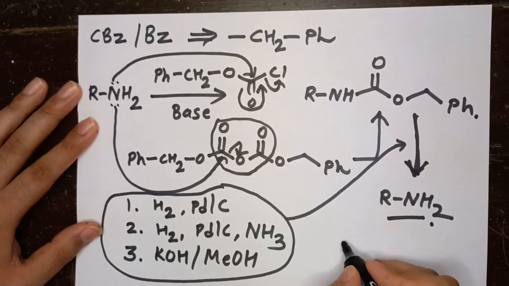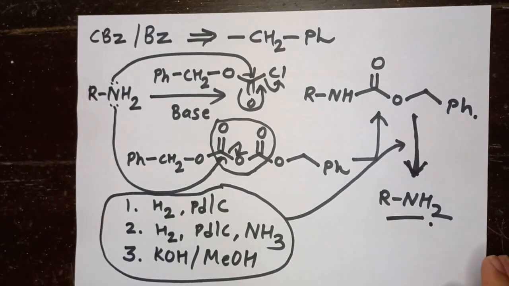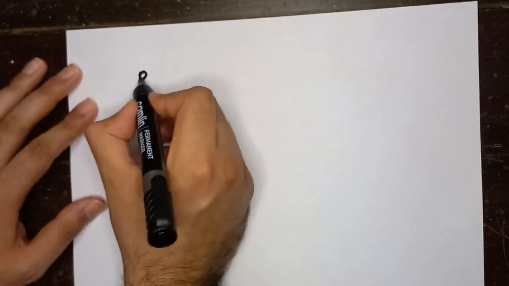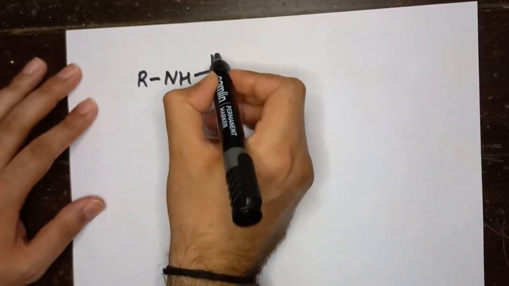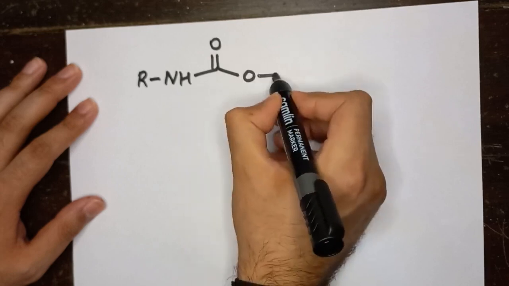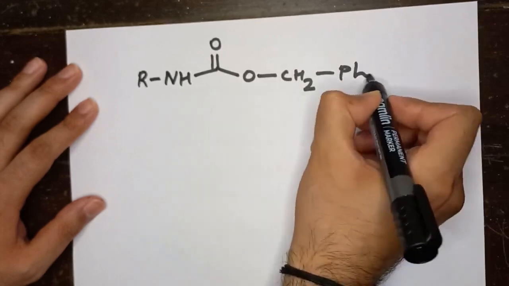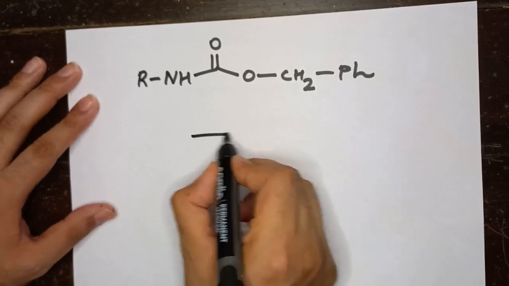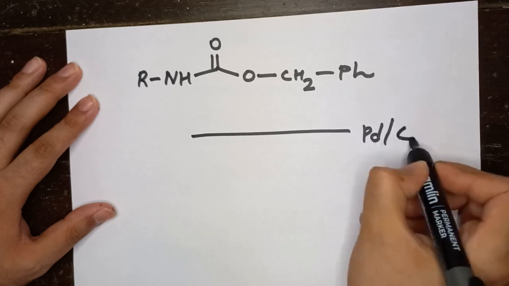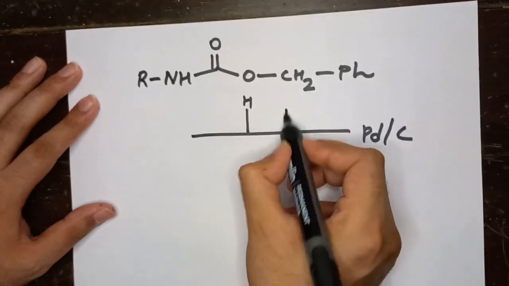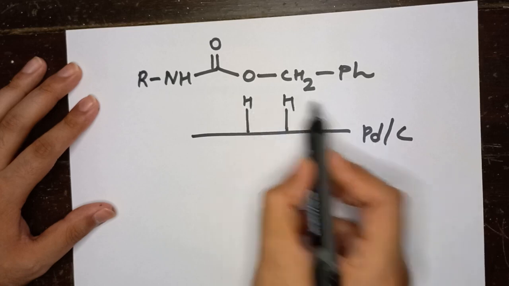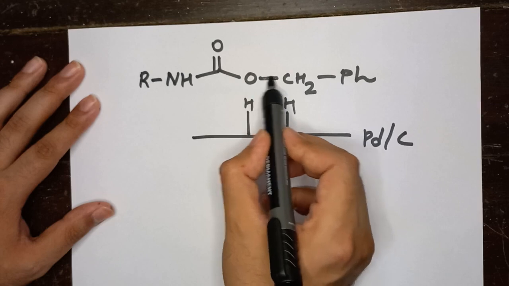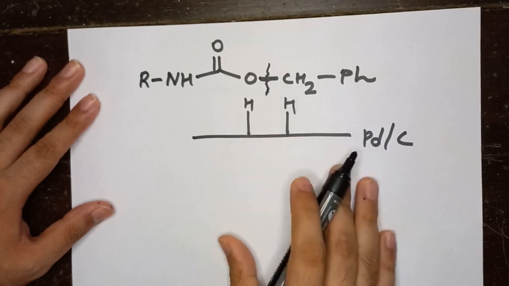The mechanism is the same. Let me write in another page. We have the Cbz protected amine, and we are using H2, Pd/C. Basically this is palladium supported over carbon, and we have adsorbed hydrogen gas over it. So this is what we call H2, Pd/C. Basically these 2 hydrogens add across this C-O bond, and this bond is going to break.